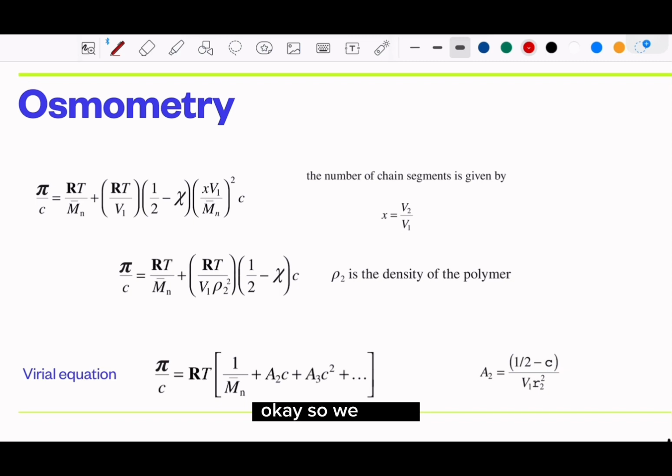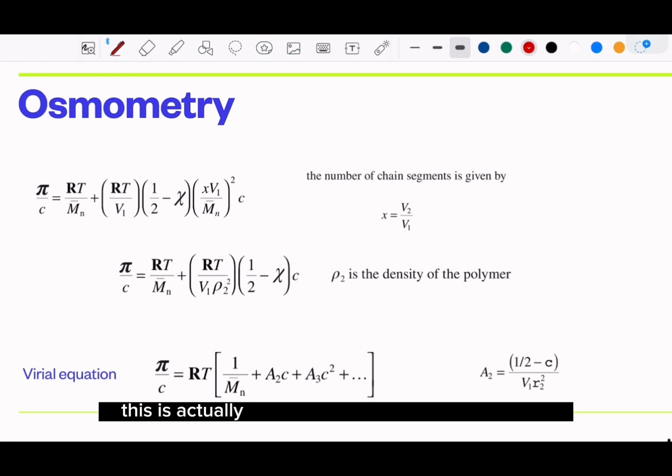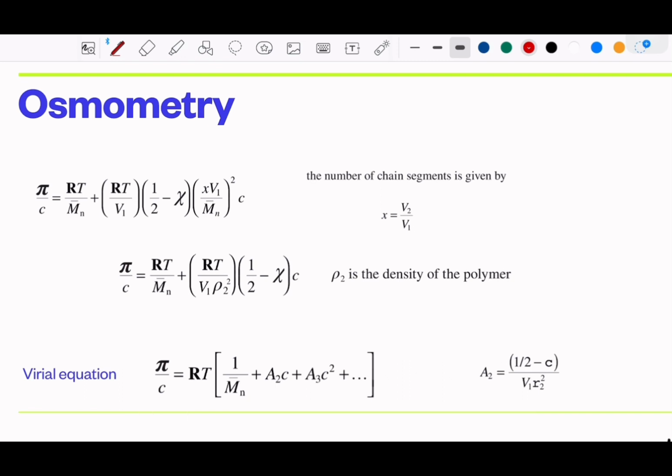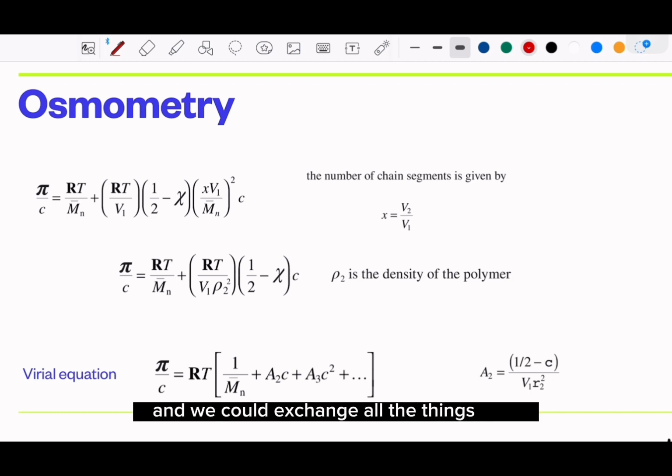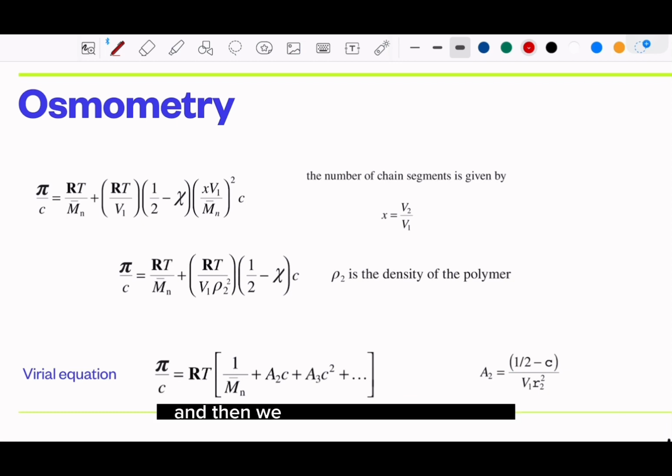So we could get this chain segment, which is V2 over V1, which is actually related to the degree of polymerization, but let me just take this as a chain segment, and then we have the density of the polymer, which is ρ2, and we could exchange all the things here. So V1 ρ2 squared, and then the half minus chi as this.